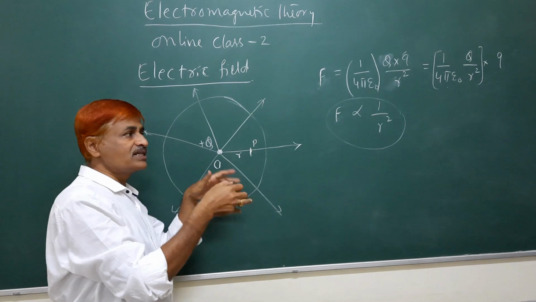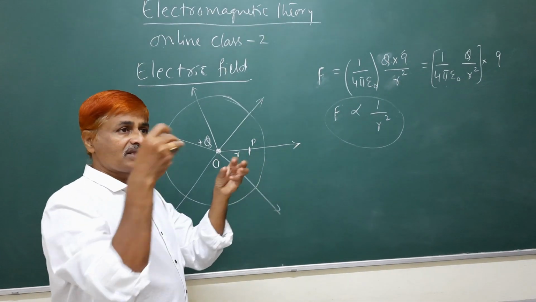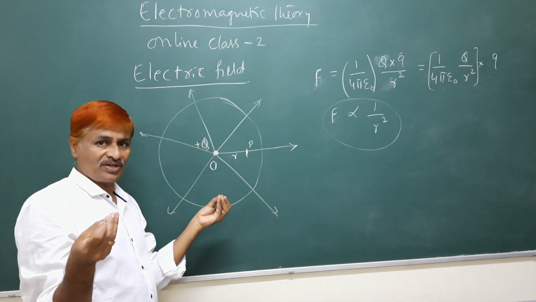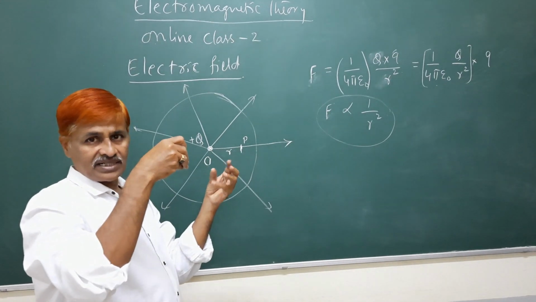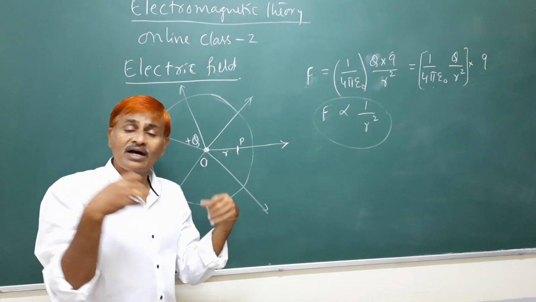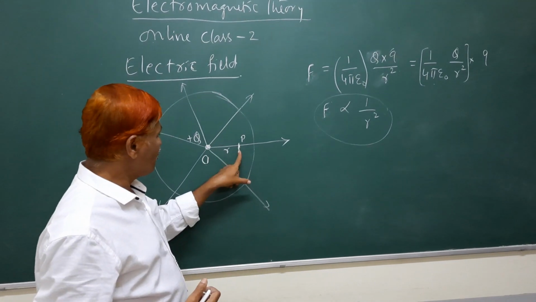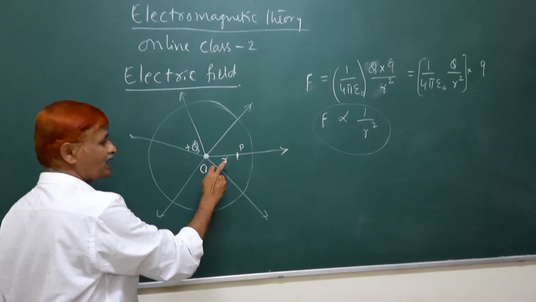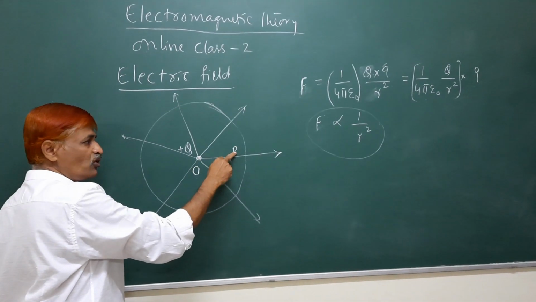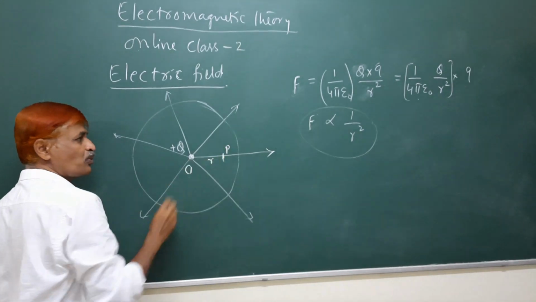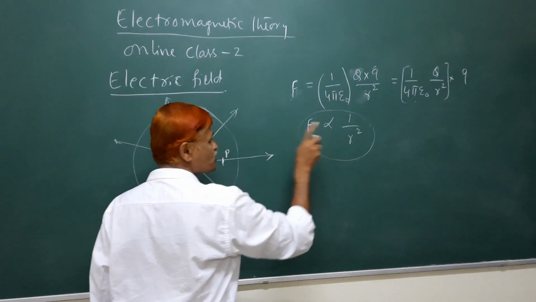So electric field is the region around a point charge where the influence of that charge is felt by another charge. Other charges either get attracted if it is an opposite charge, or get repelled if it is the same charge. If P is a point at a distance r from point O, then the force acting at this point P is inversely proportional to the square of the distance.